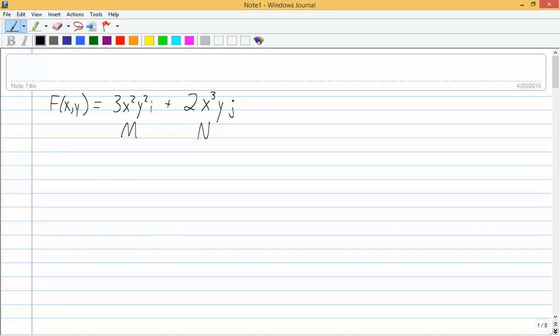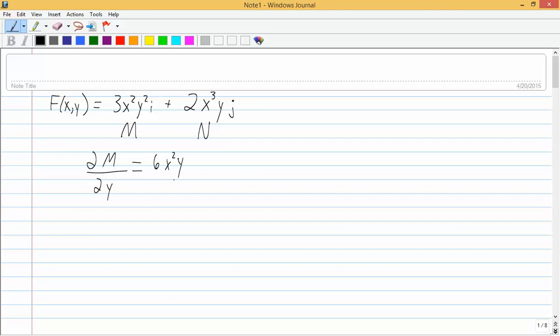So we need to take the partial derivative of M with respect to y. So the partial of M with respect to y, that's going to be 6x squared y.